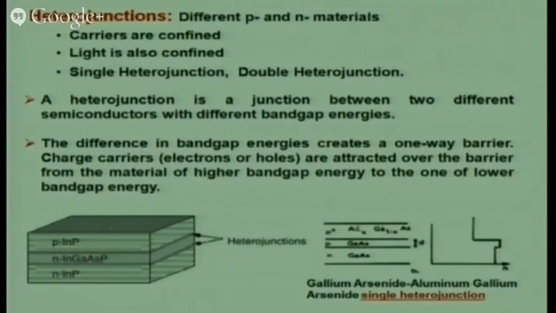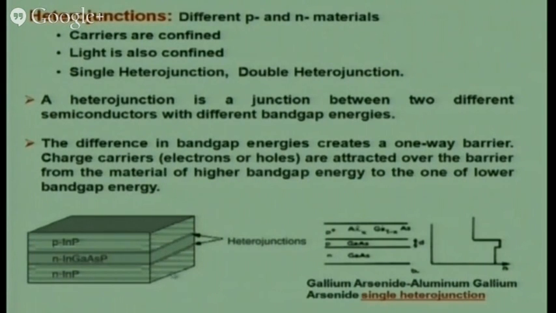Let's see this. We have a p-type indium phosphide, an n-type indium phosphide, and then we have sandwiched another material, which is n-type indium gallium arsenide phosphide. This creates a heterojunction at this point as well as this point, so there is a double heterojunction.